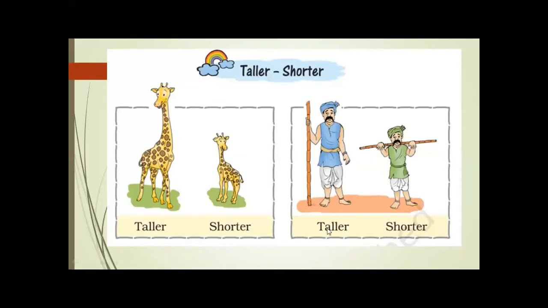So it is called a taller man, and this man is the shorter man. So we can say that this man is shorter than this man, or that this man is taller as compared to this man because his height is greater than his.